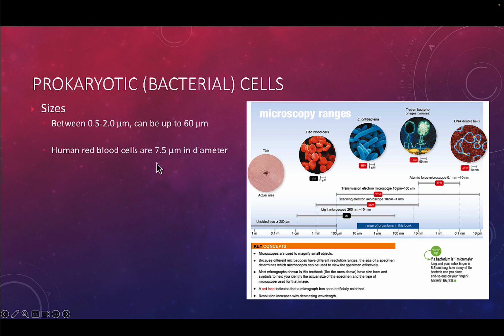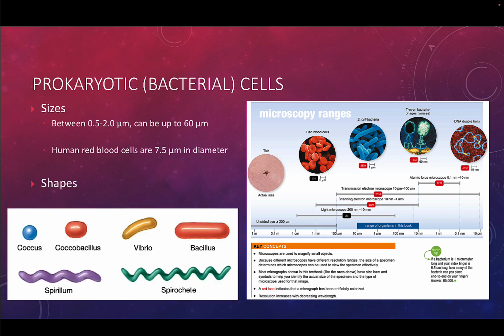In contrast, human red blood cells, which are some of the smallest cells that humans have, are about 7.5 micrometers. Here they're showing a picture of a tick, and then in comparison, how big red blood cells, bacteria, viruses, and DNA are. For the most part, our prokaryotic cells are smaller than eukaryotes. There are some exceptions, but that's pretty rare.